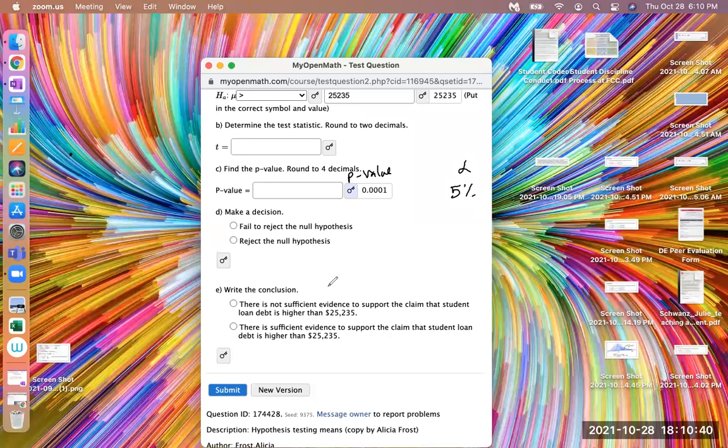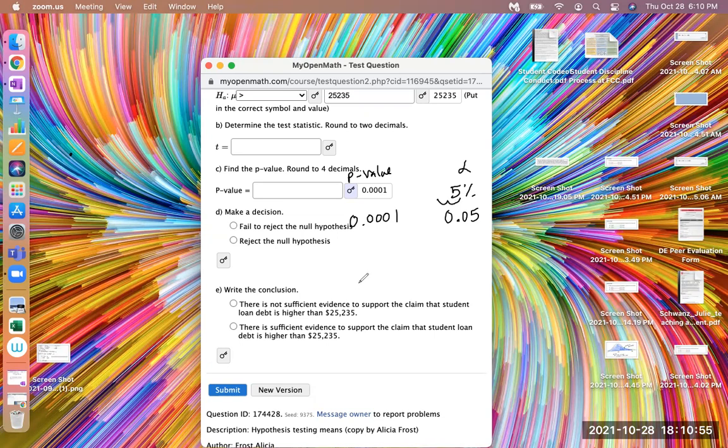You change the alpha to a decimal. Yeah, good, exactly. So I have to move it twice to the left, so it'd be 0.05. And then now I'm comparing 0.05 with 0.001.